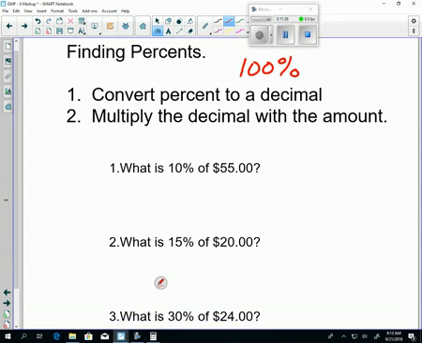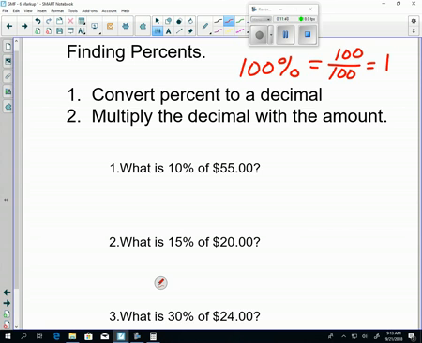If we were to change that to a decimal, all percent is over 100. So 100% is 100 divided by 100, which is 1. That's the whole thing. But anything less than 100 is going to be a fraction of 1. So it's going to be less than 1.